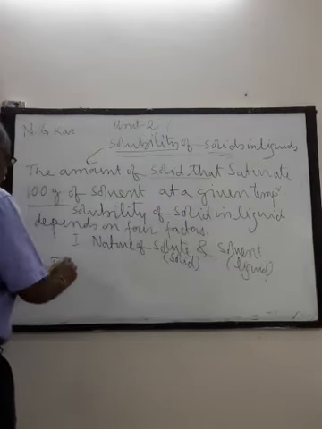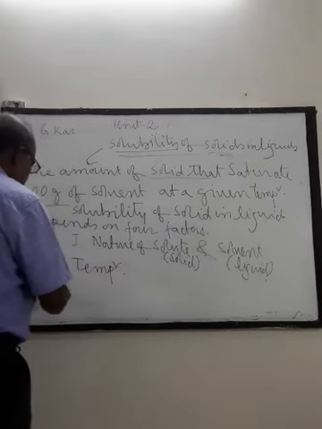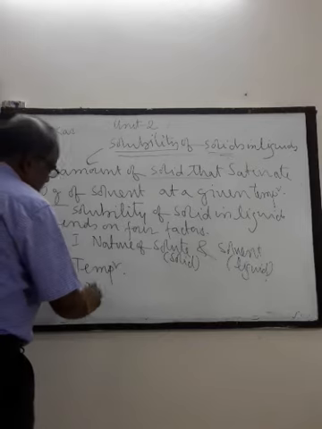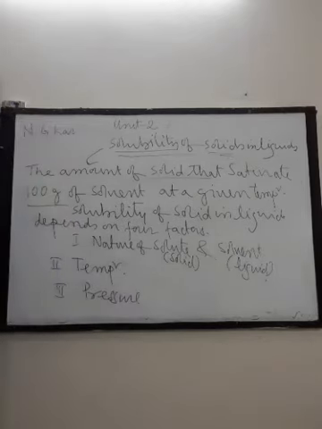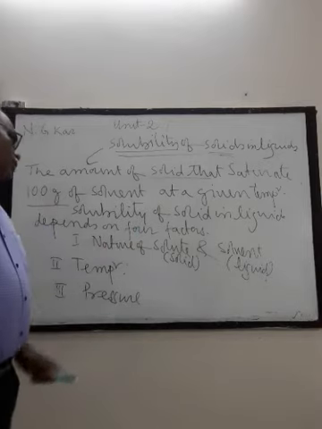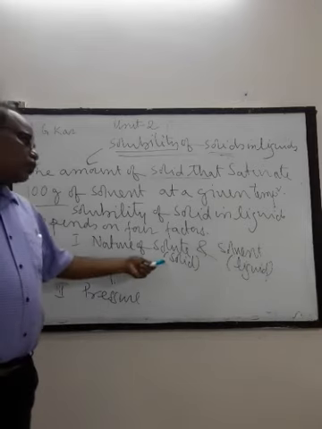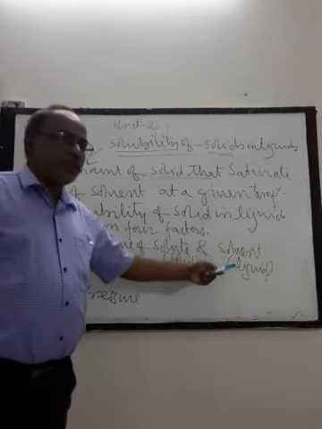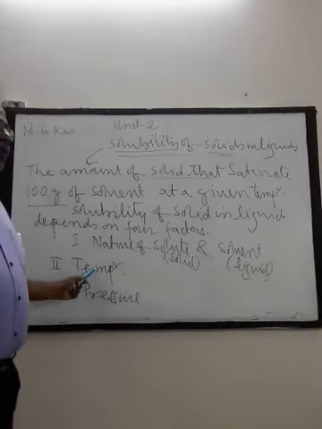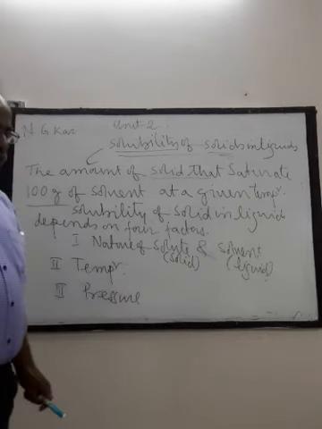Number 2, most important one, temperature, and less important one is pressure. So, solubility of solid in liquid depends on 4 factors: nature of solute, that is solid, nature of solvent, that is liquid, temperature, most important factor, and also pressure.